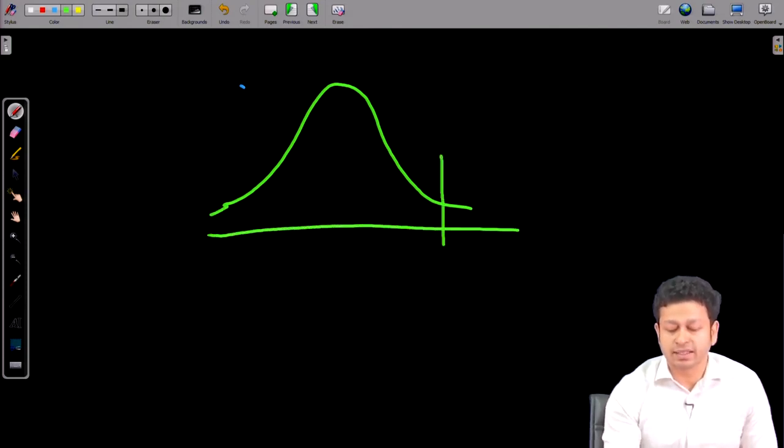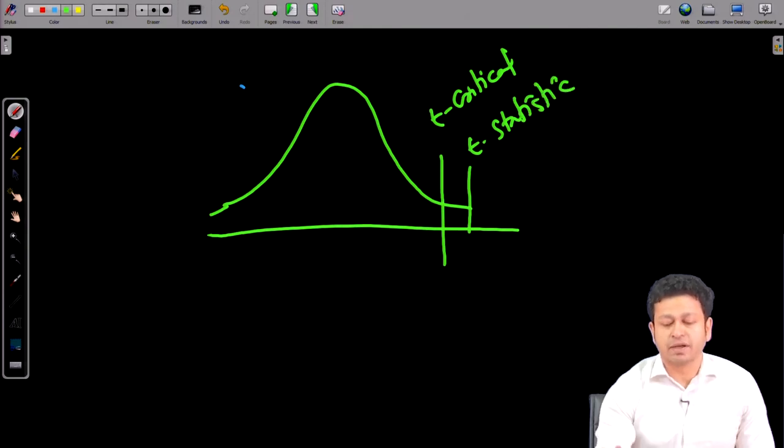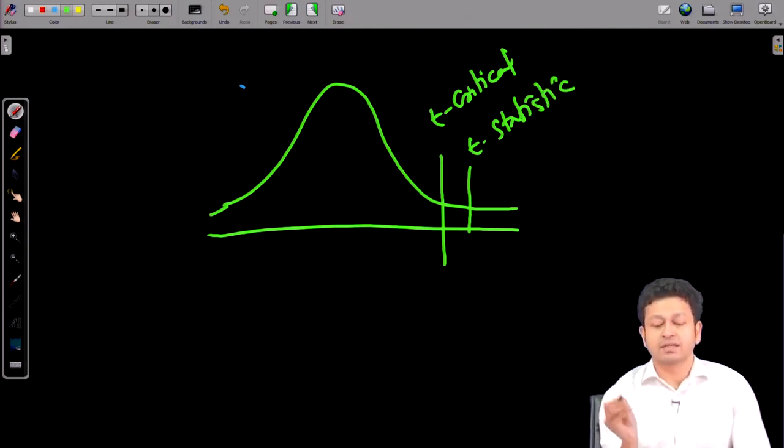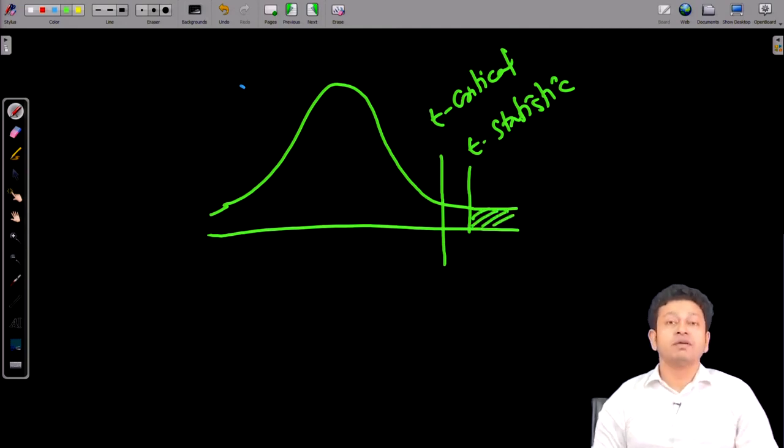I have a t critical here, and depending on where my t statistic falls, if it falls to the right of the t critical, the p value here would be very low.